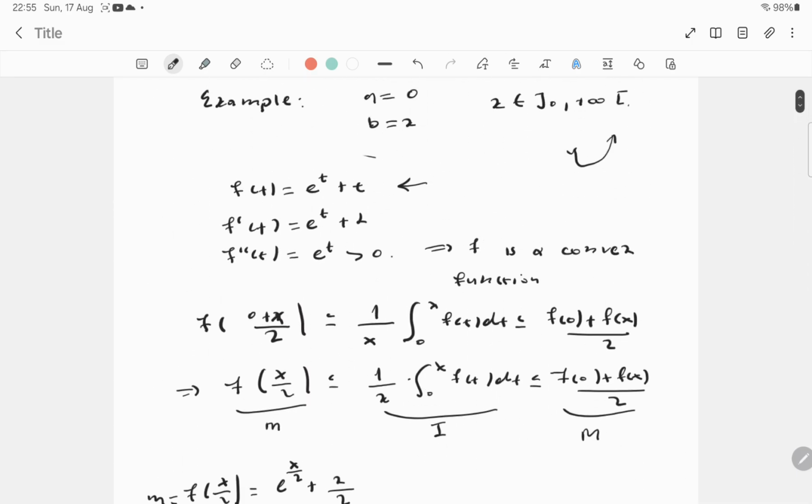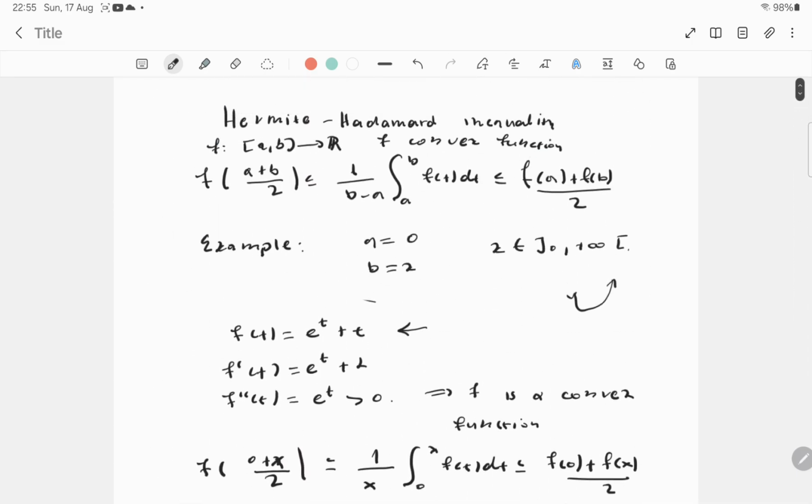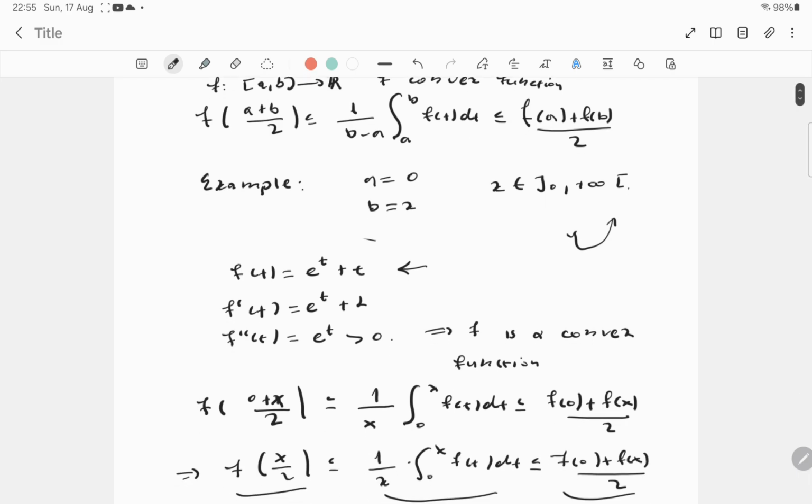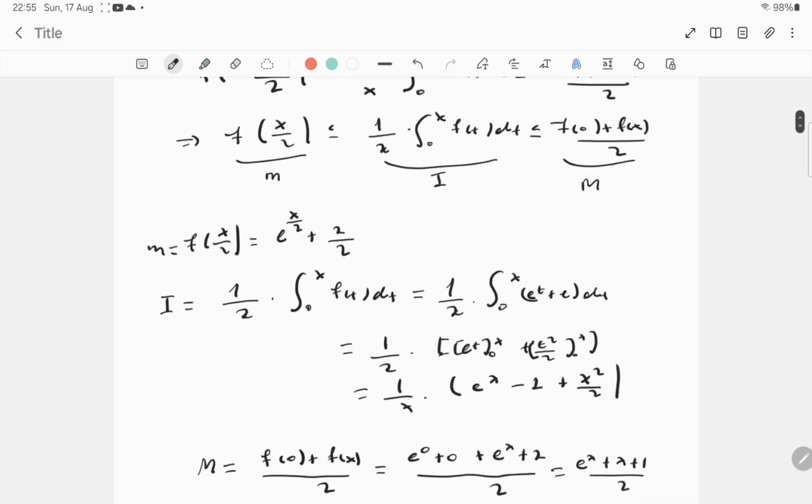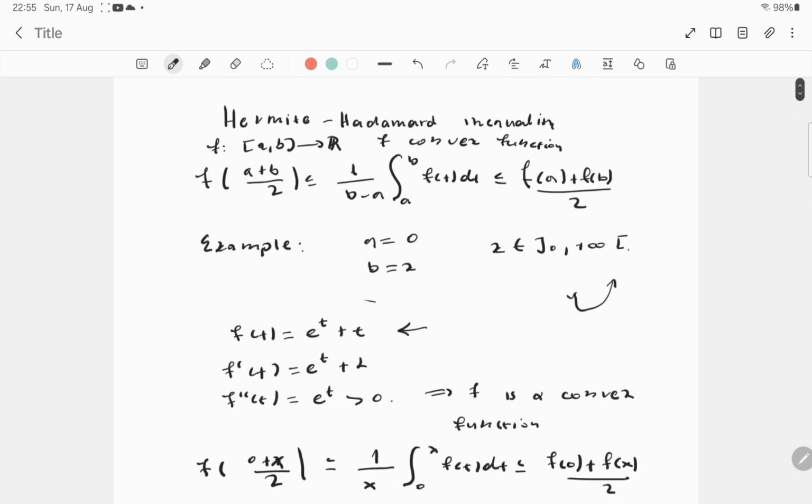So if we know that the function is convex, then we can employ this inequality, and we can derive inequalities using this Hermite-Hadamard tool. It's a really important inequality for convex functions.